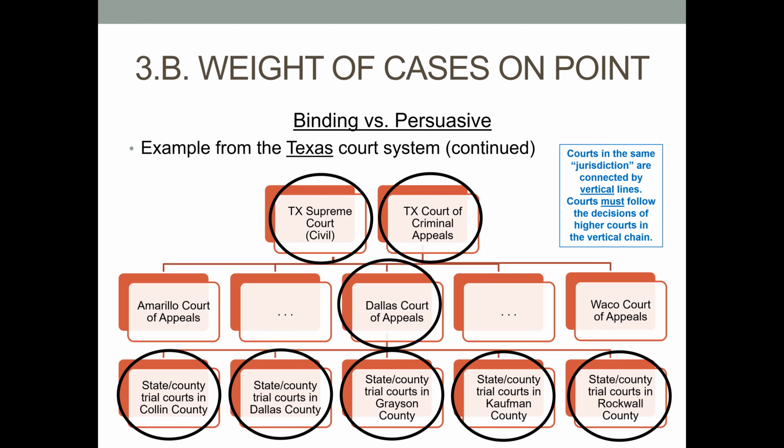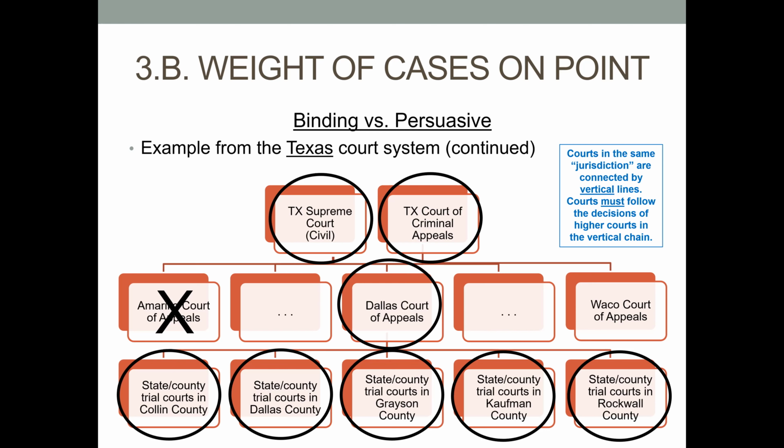Now, in the middle row, I'm Xing out the Amarillo Court of Appeals here, because the Amarillo Court of Appeals opinions are not going to be binding on the Dallas Court of Appeals, because those are courts of equal dignity in the hierarchy.